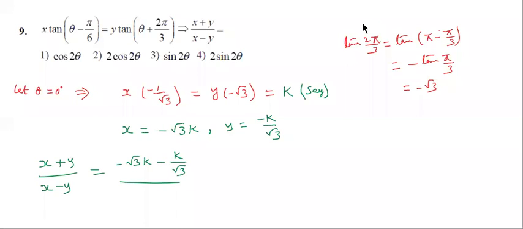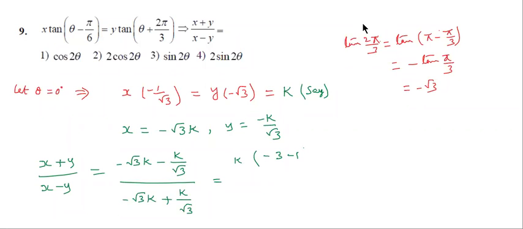Go to the denominator: minus root 3k, minus into minus, plus k by root 3. Take the LCM in numerator and denominator. Root 3 is the LCM, or not? It's going to cancel. Now the remaining part. Take k also common in numerator and denominator. Then what is the remaining part?